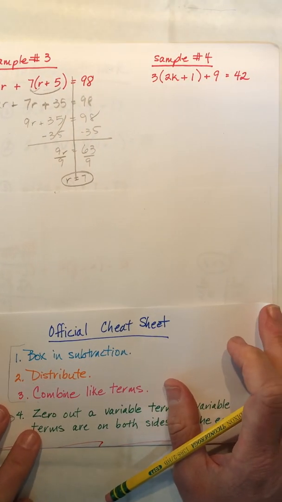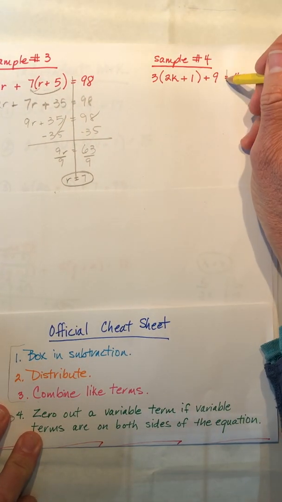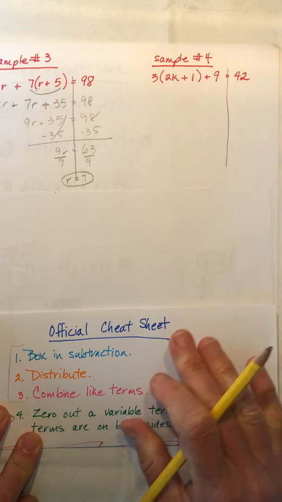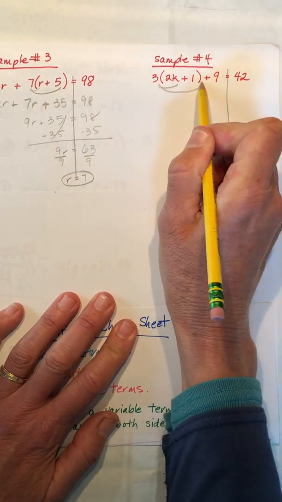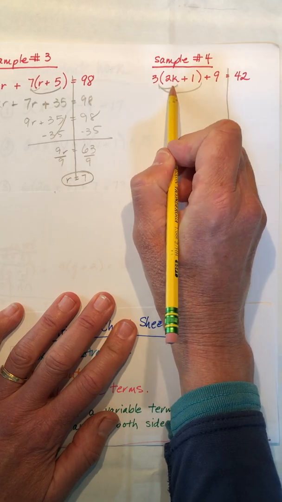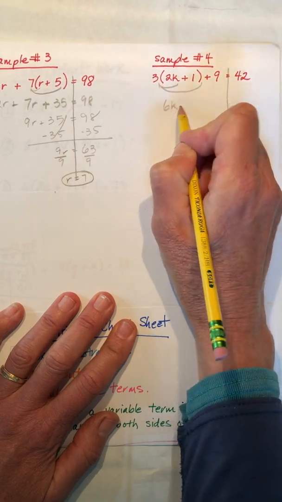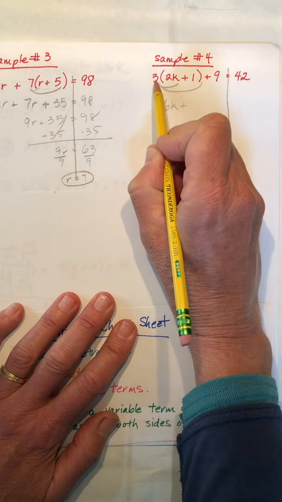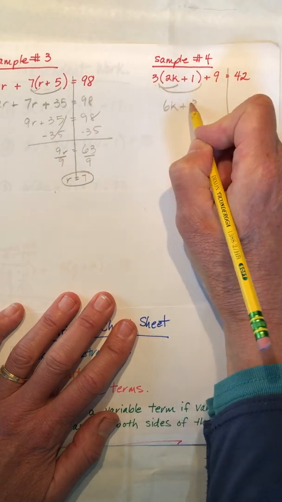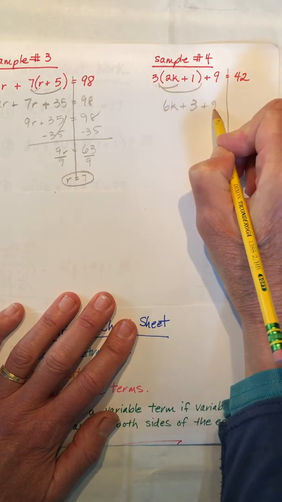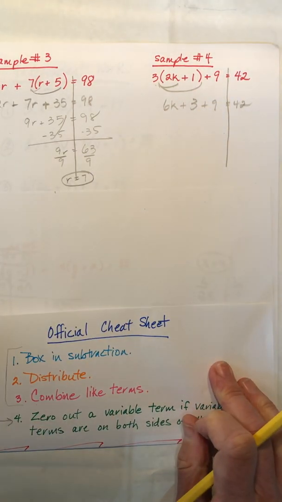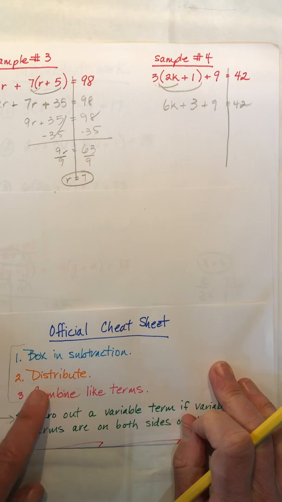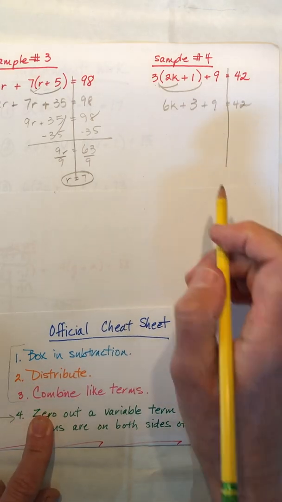All right, sample number 4. I don't have subtraction to box in, so I'm ready to distribute. 3 times 2k is 6k, plus 3 times 1 is 3, plus 9 equals 42. I distributed. Now I'm ready to combine like terms.